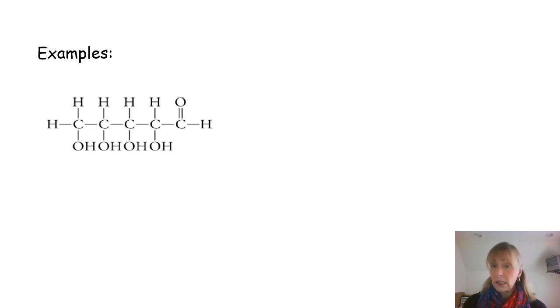So this is a monosaccharide. So we would call it an aldose, all right? But how many carbons? 1, 2, 3, 4, 5. So it would be a pentose, all right? So putting everything together, it's an aldopentose.